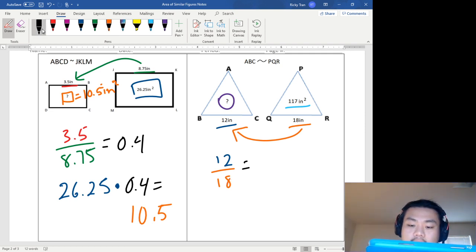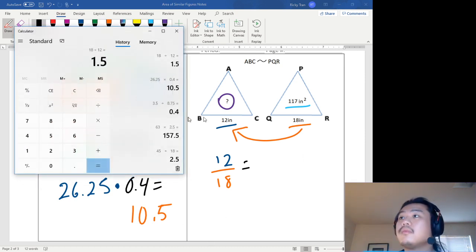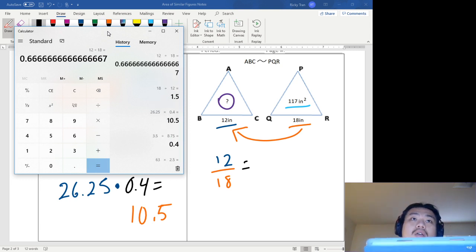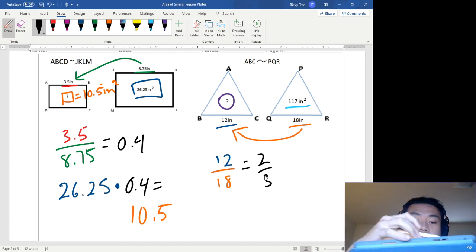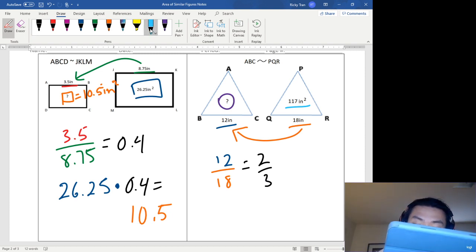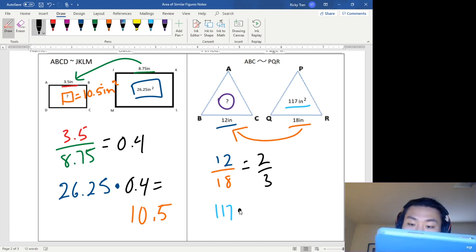So 12 over 18, that's 0.6666, which is 2/3. Okay, so in this case, we're going to take 117 and multiply it by 2 over 3.